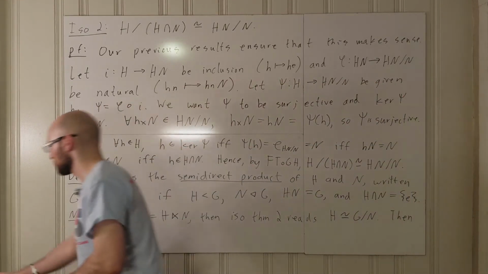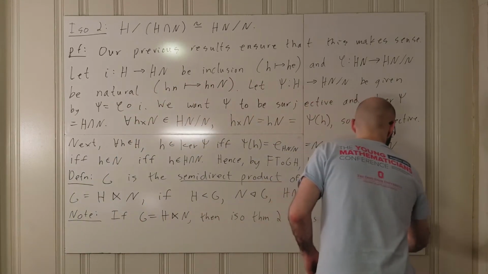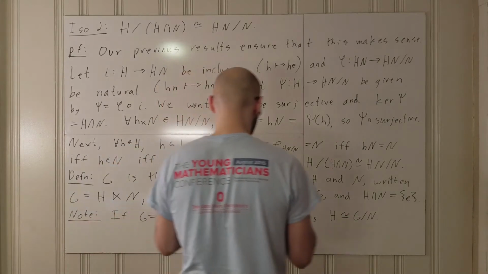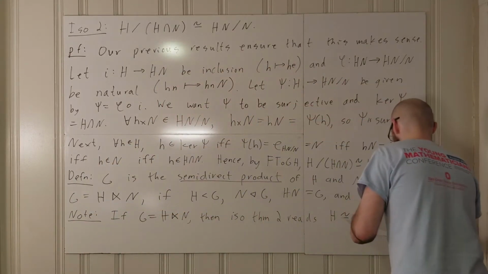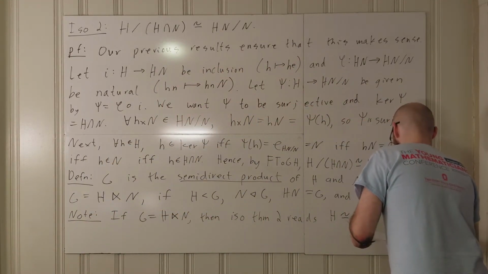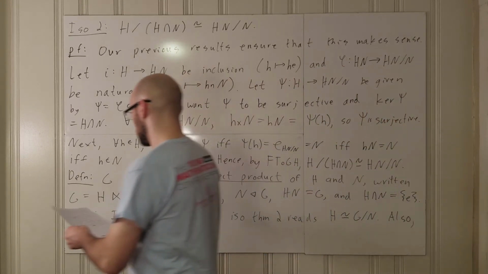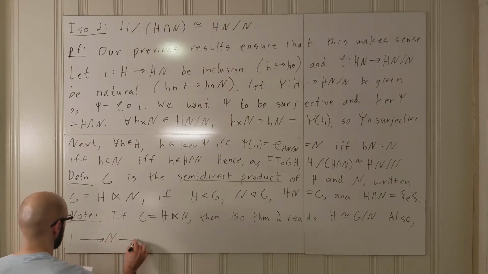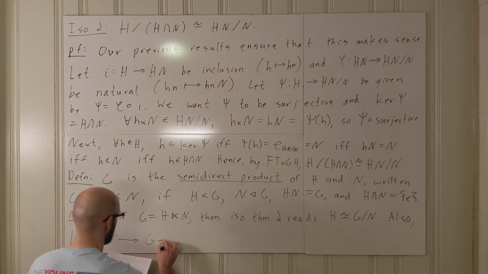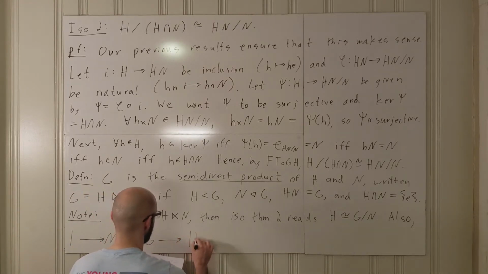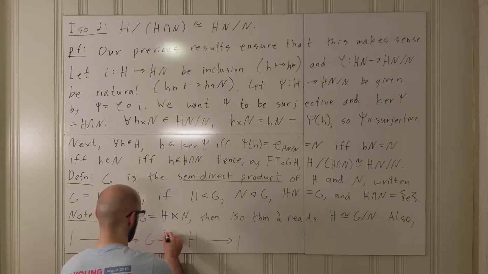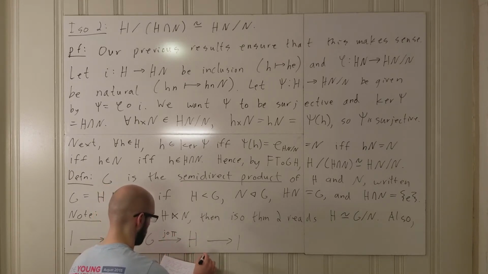Also, here we have 1 going to N, going to G, going to H, going back to 1. So N to G is i, and G to H is j composed with pi.